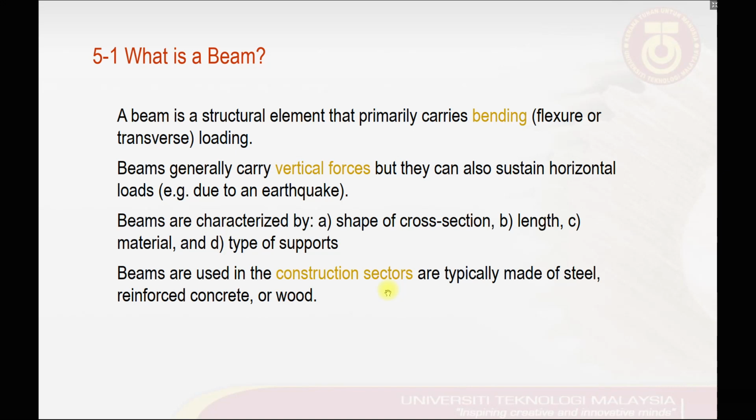You may see beams in the construction of a building or a stadium, where they can easily be seen. And they are typically made of steel, reinforced concrete, and sometimes wood, depending on what type of application and load you want to support with the beam.